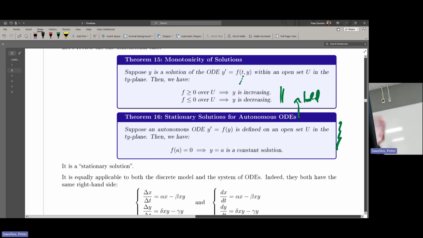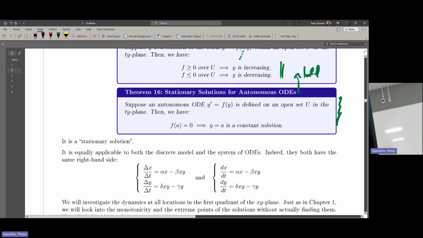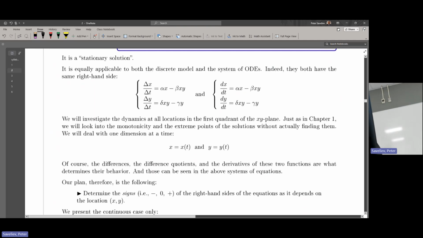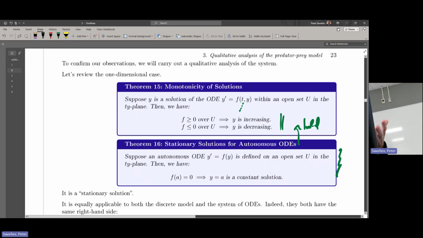So let's see. Can we make similar statements about our differential equations? Yes, we can. Except we have two functions, so both of them may be increasing or decreasing, which means that instead of the two cases that we have here, there will be four.